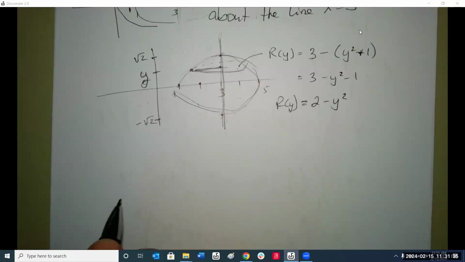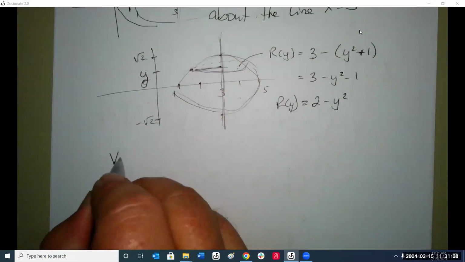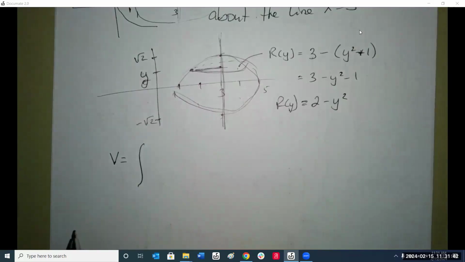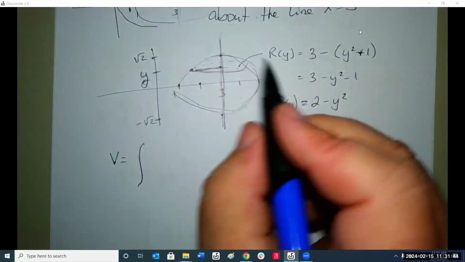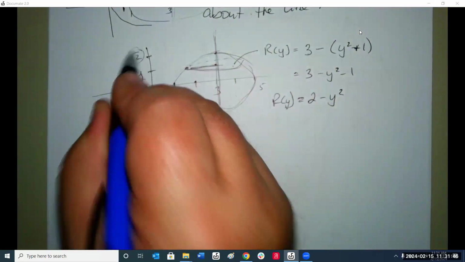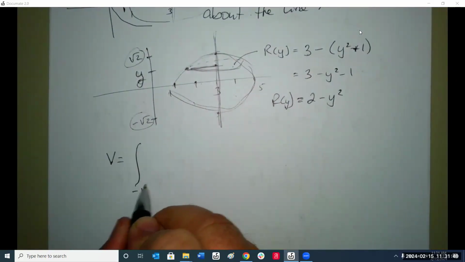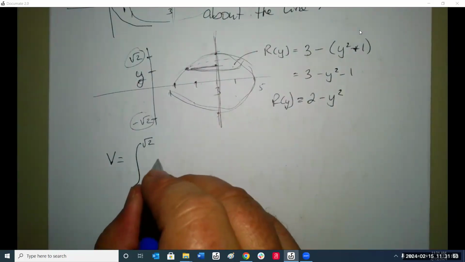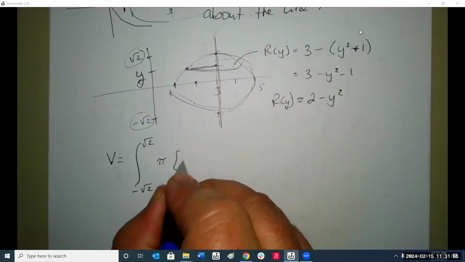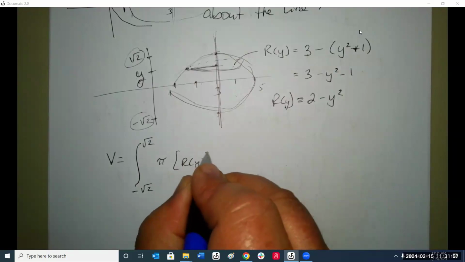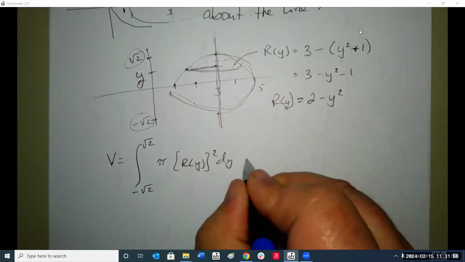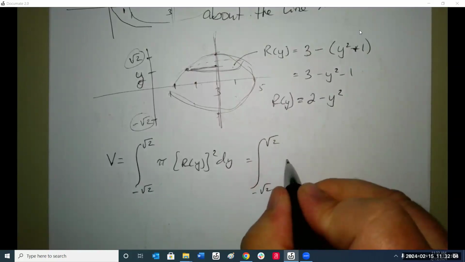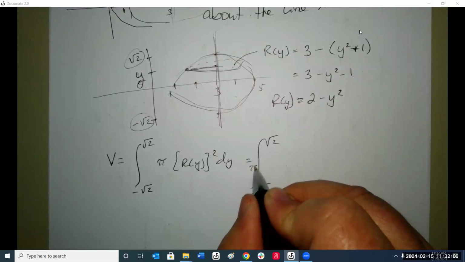All right, so now I'm ready for my equation. My volume equals, since you're going vertically, remember these are going from positive to negative, so negative square root of 2 to square root of 2, pi r of y squared dy. Take the pi out.